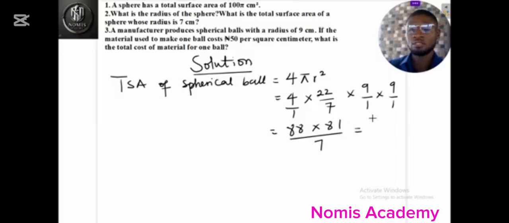So 88 multiplied by 81 is 7,128 divided by 7.